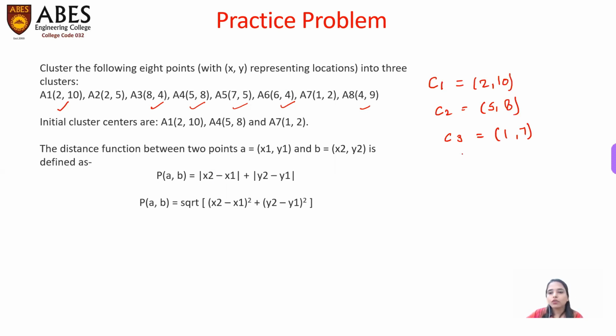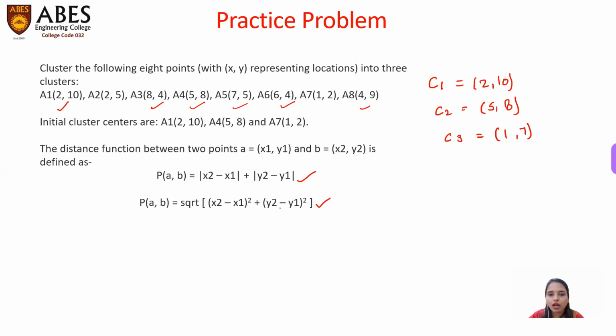Now we are going to calculate the distance between each data point and the cluster center. How can we calculate the distance? Either by using this formula or by using the Euclidean distance formula. We can use any one of them.